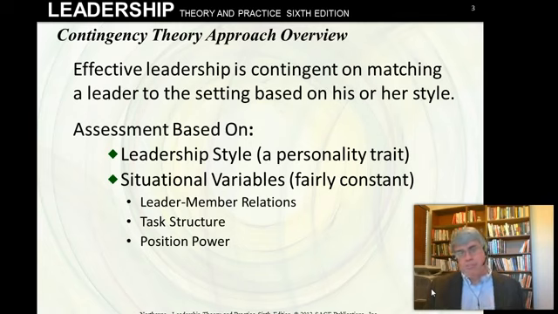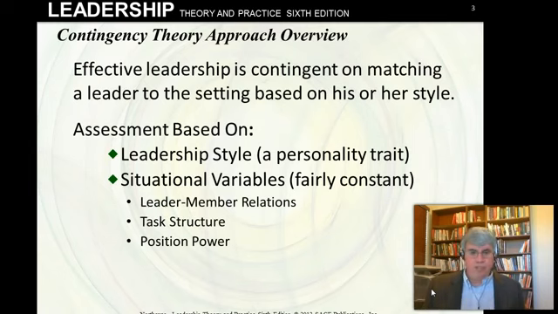And so to make the right decisions, we've got to make some assessments. First of all, we have to assess the leader's leadership style, and in this model we're going to see that it's a personality trait. It's something that's supposed to be pretty constant. It's not a choice of behaviors on whether you're going to be relational or task oriented. It's supposed to be a fixed trait.